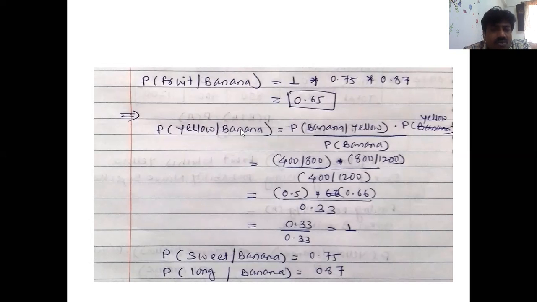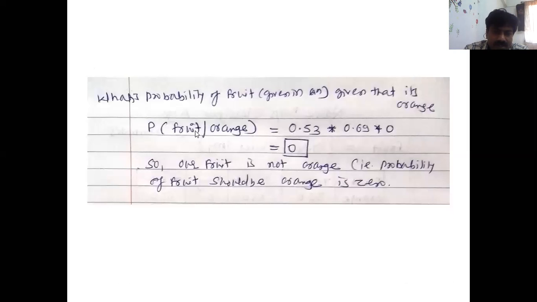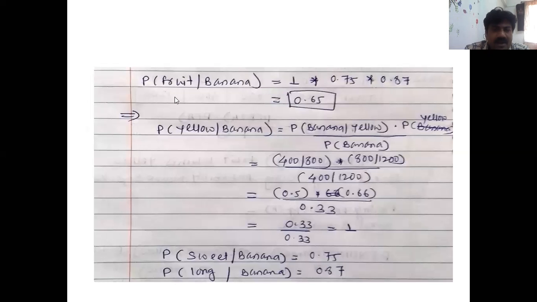So the probability of fruit, provided that it is a banana, is 1 into 0.75 into 0.87, and the result will come 0.65. So first we saw that the probability that the fruit is orange is 0. Then for banana, the probability comes 0.65.